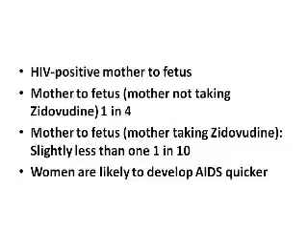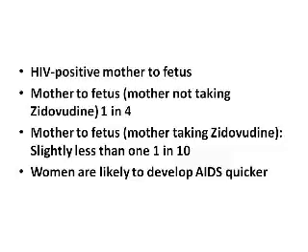There is also mother to fetus transmission. If the mother is HIV positive, she may pass the virus to the fetus. So the mother to fetus probability of passing the HIV virus is 1 in 4, although there are ways of handling this.